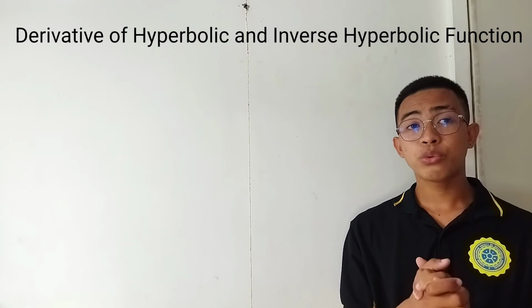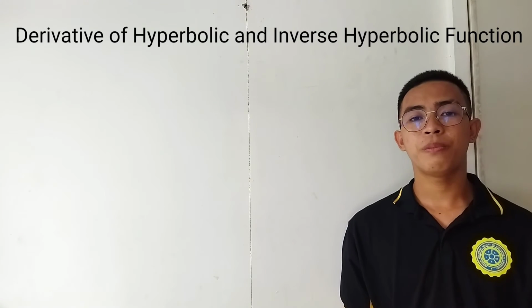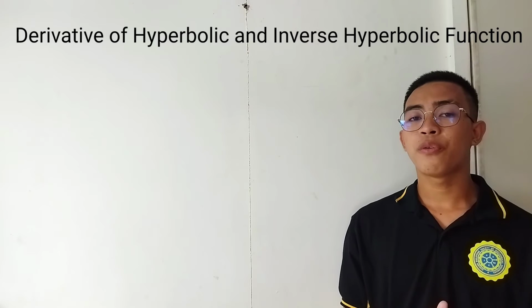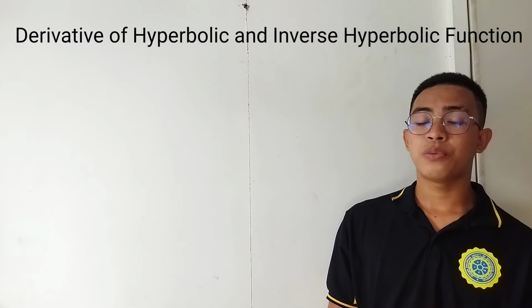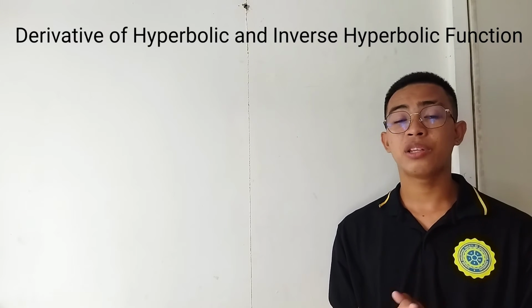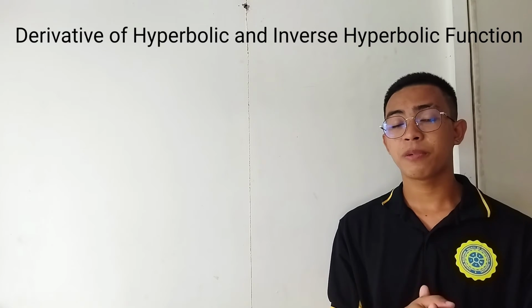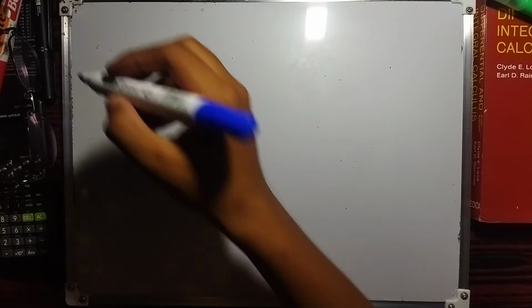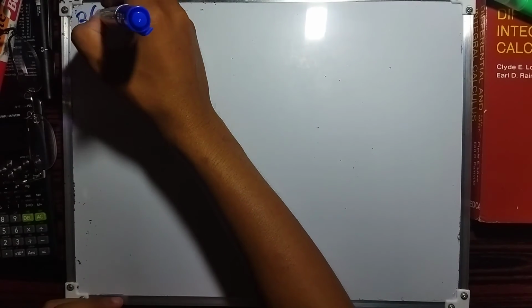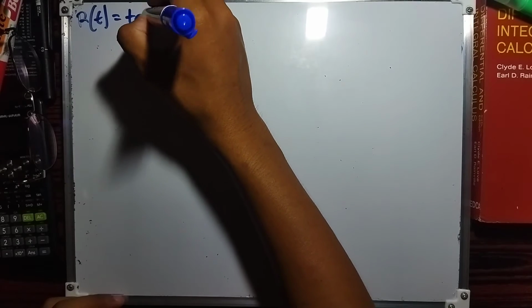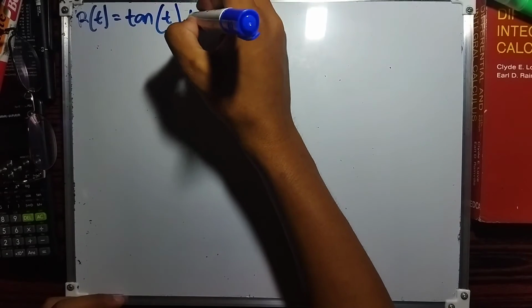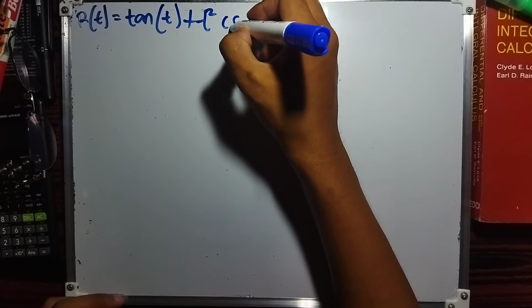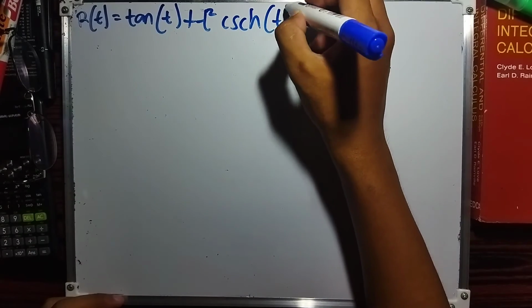And for you to understand this topic more, we'll have an example for both the derivative of hyperbolic and the derivative of inverse hyperbolic function. So for the derivative of hyperbolic function, we have here r(t) is equal to tan t plus t squared csch t.